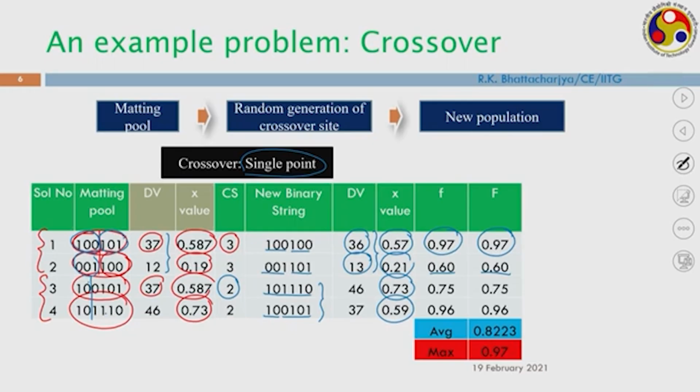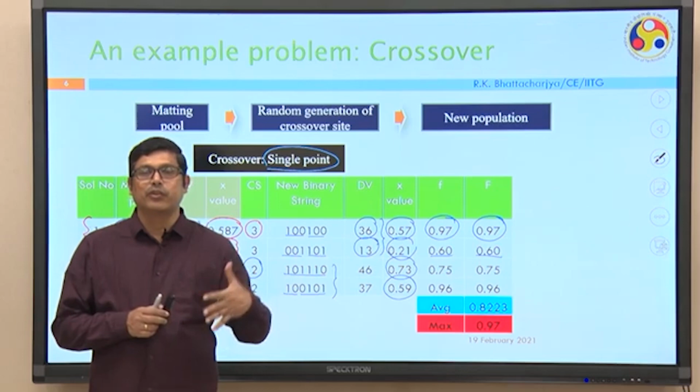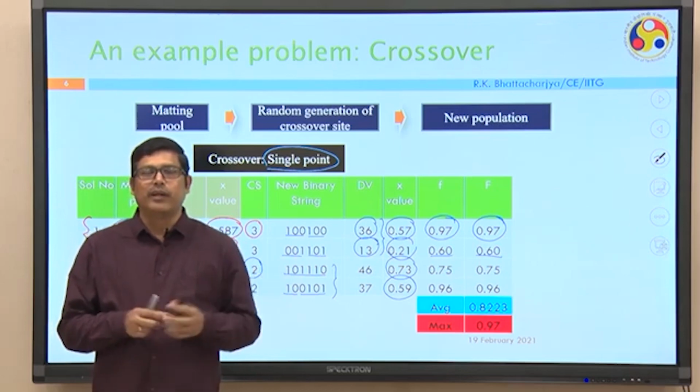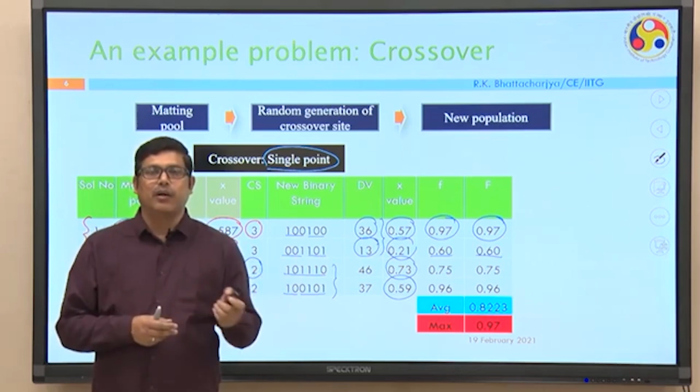You are not getting 58 from 37, or 5 or 6 from 12, something like that. What you are getting is a solution near to the parents. Therefore, what is crossover doing? Crossover is creating a solution near the parents. Slowly it is going towards the optima.